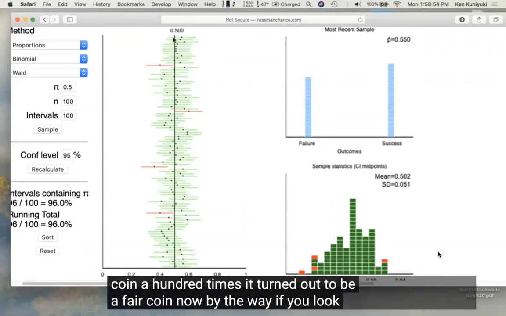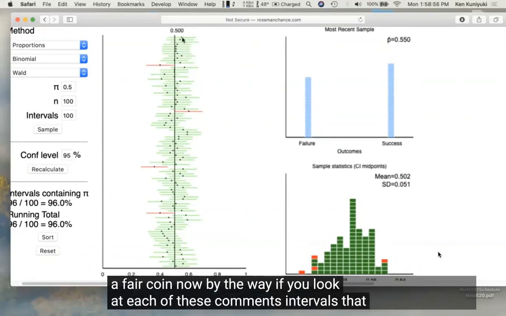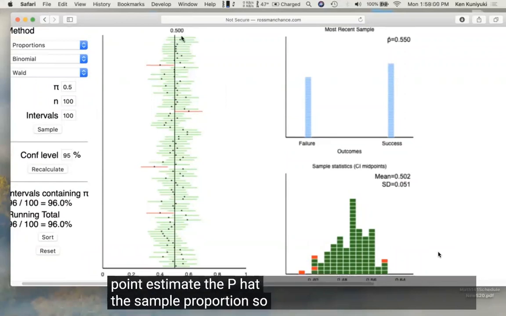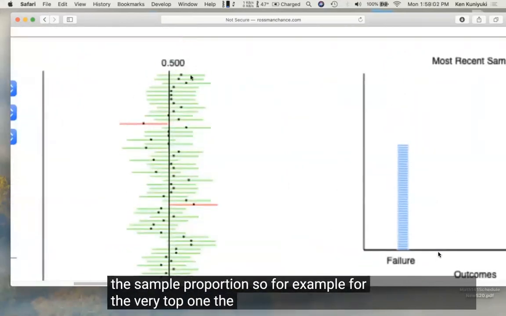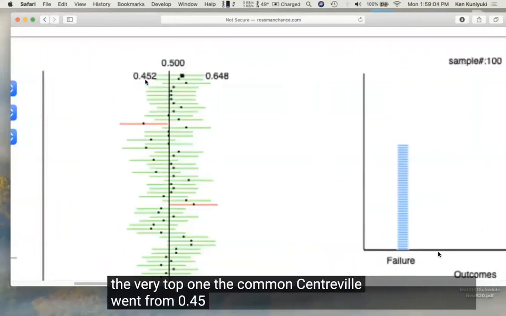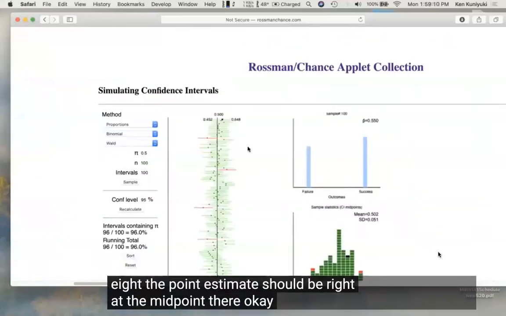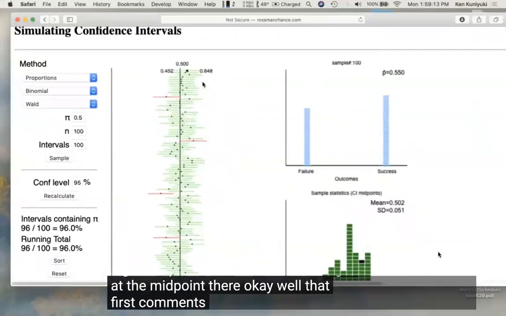Now, by the way, if you look at each of these confidence intervals, that black dot in the middle indicates the point estimate, p hat, the sample proportion. So for example, for the very top one, the confidence interval went from 0.452 to 0.648. The point estimate should be right at the midpoint there. Okay. Well, that first confidence interval was good.